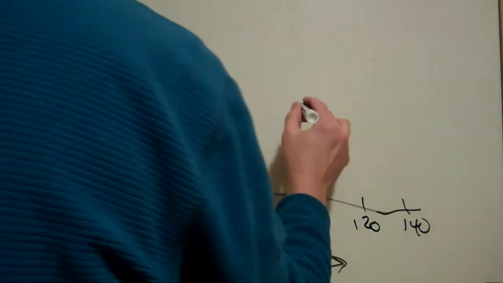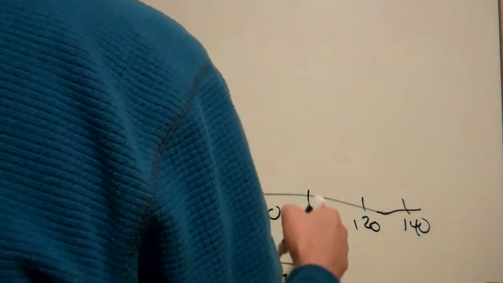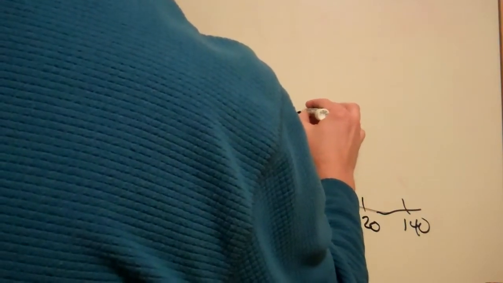And so normal is a PCO2 of 40 with a PO2 of roughly 100. So let's go to here and identify this as normal.